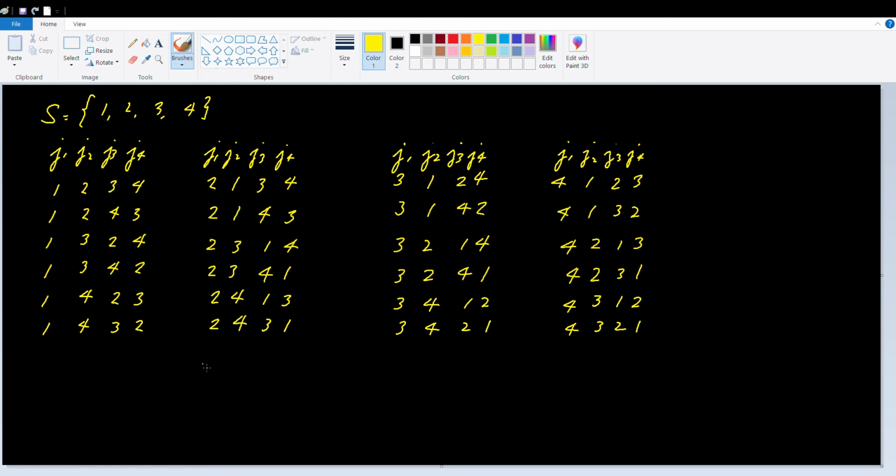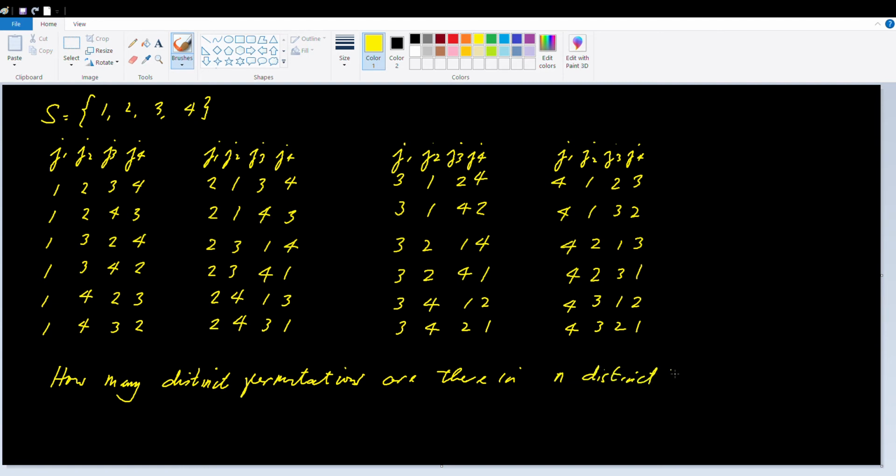At this point, let us derive the formula on how to find the number of distinct permutations for n elements. So we will try to answer how many distinct permutations are there in n distinct objects or n distinct numbers.